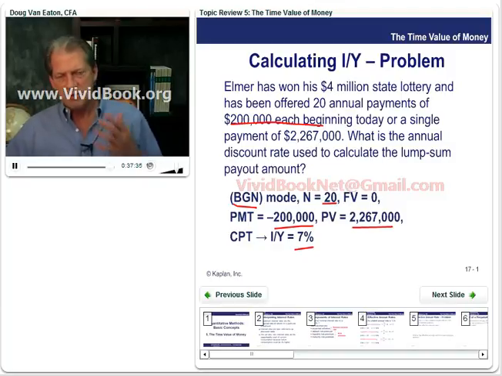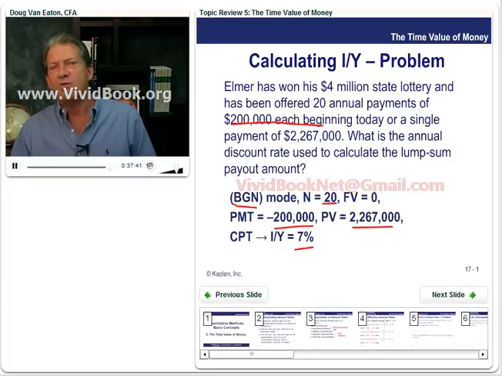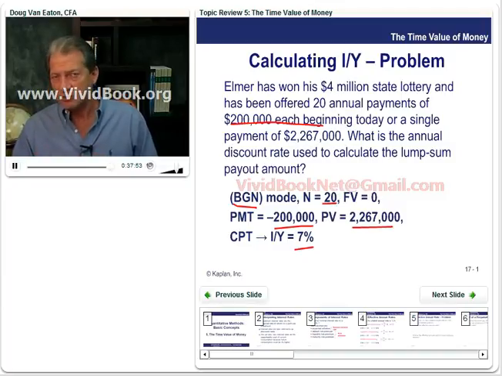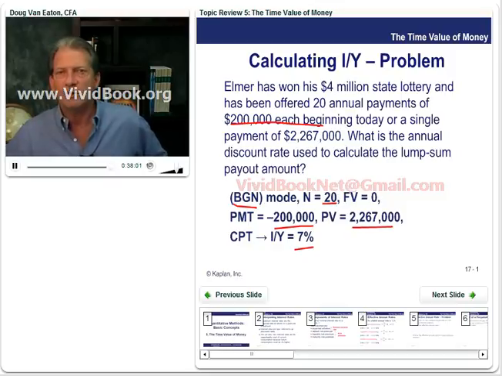So, remember, 5 things on these time value of money keys. We've calculated present value, we've calculated future value, we've calculated the payment amounts on a home loan, we've calculated the discount rate that these lottery officials are using to translate your payment stream you won into a time zero payoff, a present value of those.